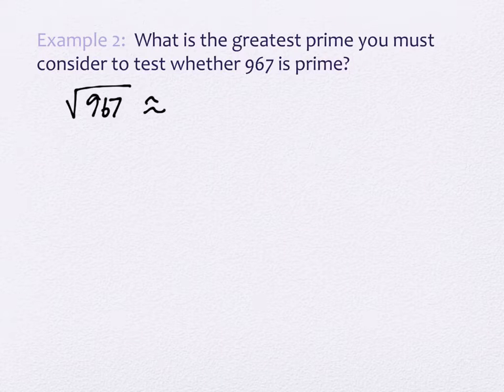And let's write an approximation for it, and then we'll actually answer the question, because the answer is not the approximate. That's not what the answer is to this question. If you take the square root of 967, you get approximately 31.1. Is that okay? Calculator good with that? Okay, great. What we want to know is the biggest prime number smaller than 31.1. So what is the biggest prime number smaller than that?